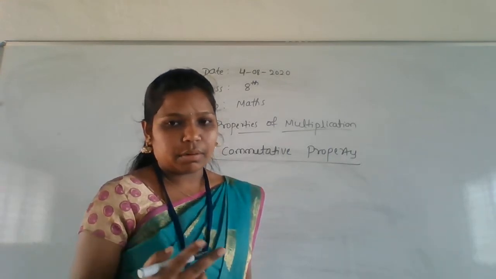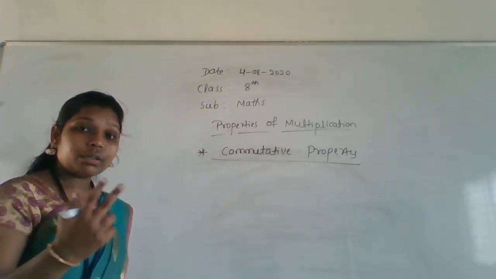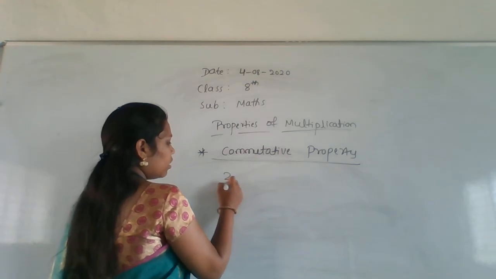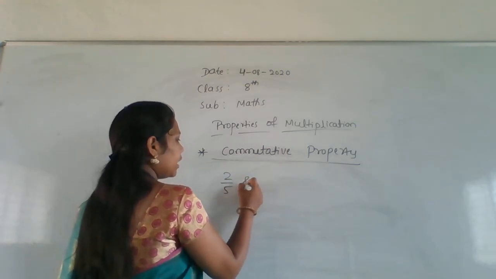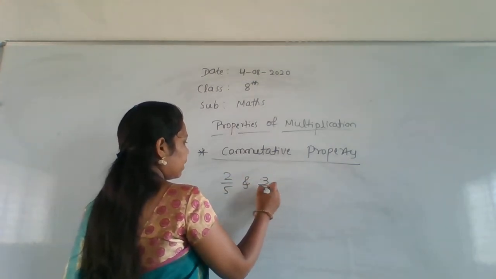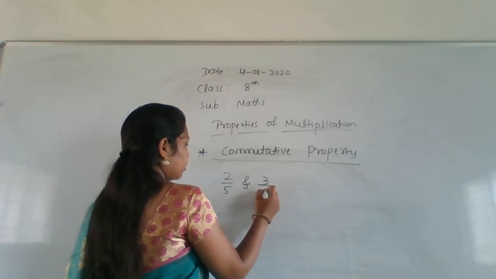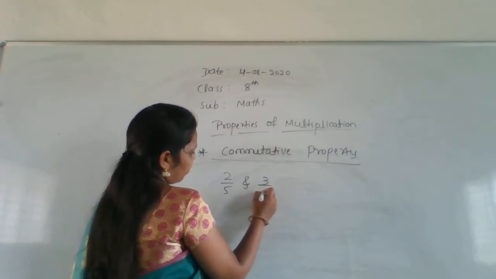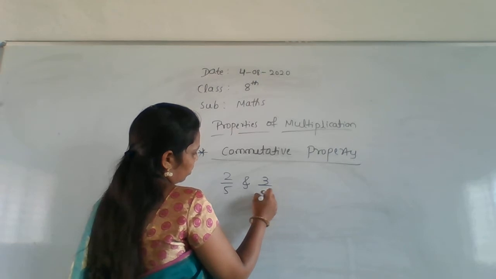Take any two rational numbers. I am taking 2 by 5 and 3 by 5 only.